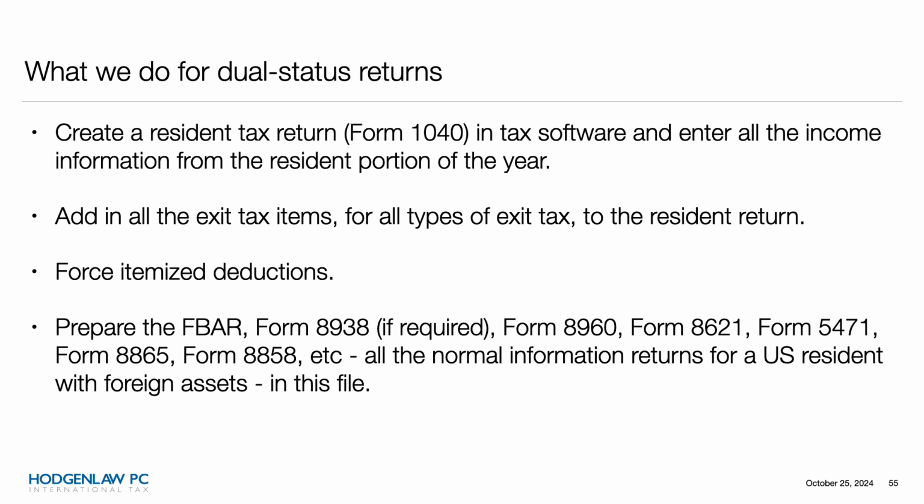Add in all the exit tax items for all types of exit tax to the resident return, because exit tax is deemed to have happened on the day before expatriation, so all that stuff goes on the resident return. We force itemized deductions in the software, prepare the FBAR, 8938, 8960, 8621, and 5471, all the normal information returns for a U.S. resident with foreign assets in the resident return file.